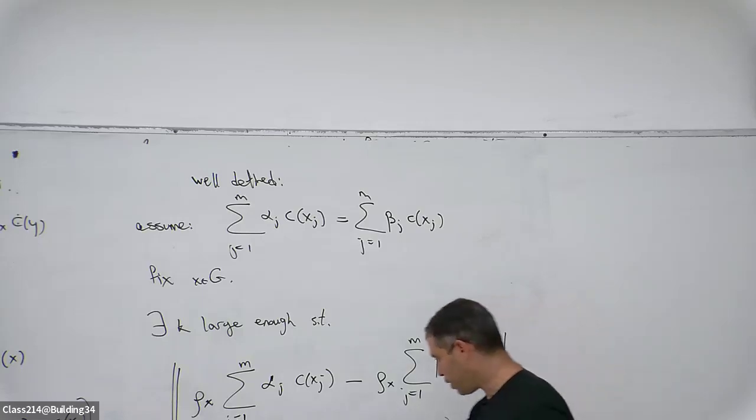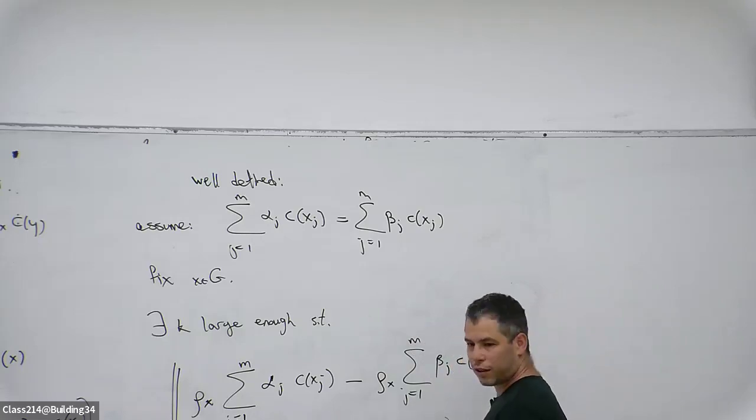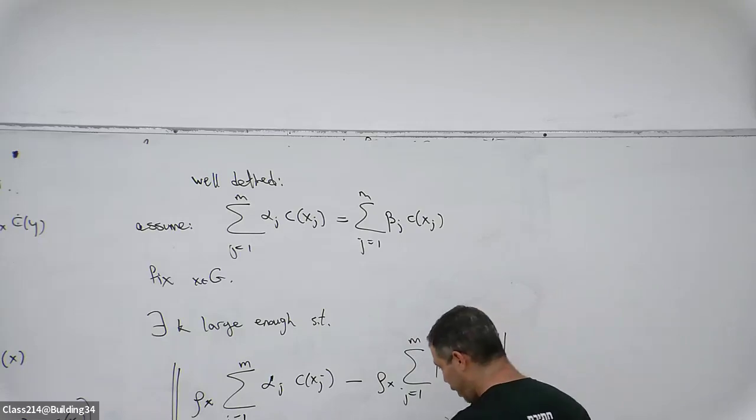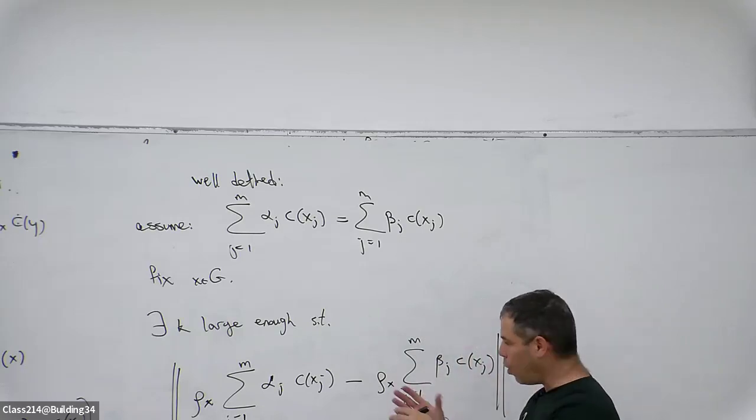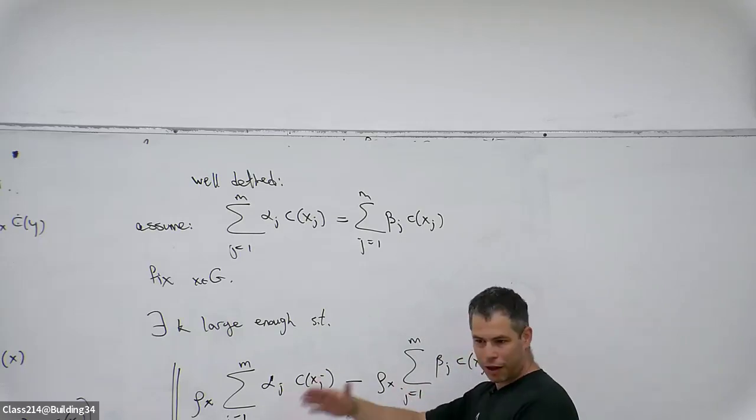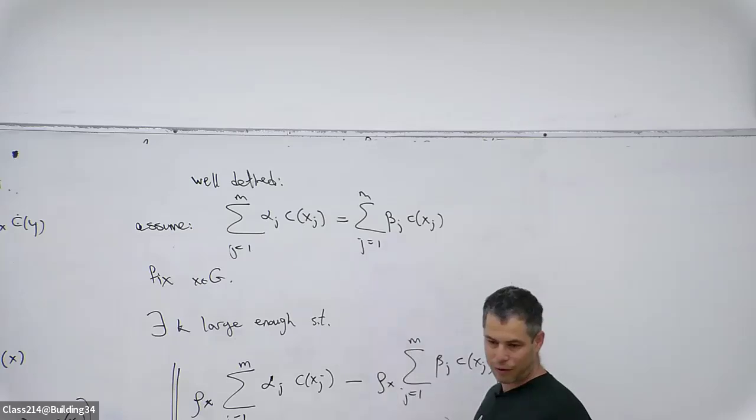Now, this vector, there are finitely many xj's participating, and a fixed x. So if I take k large enough, all the elements x times xj and x itself are below some xk, right?